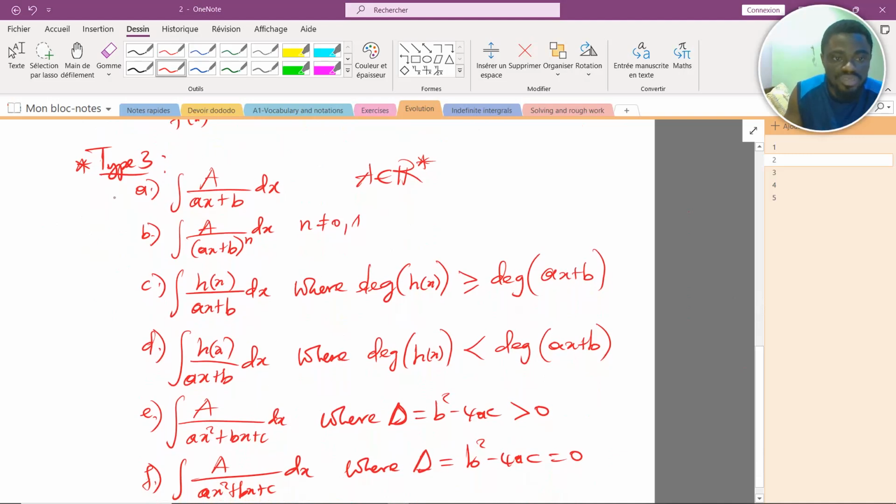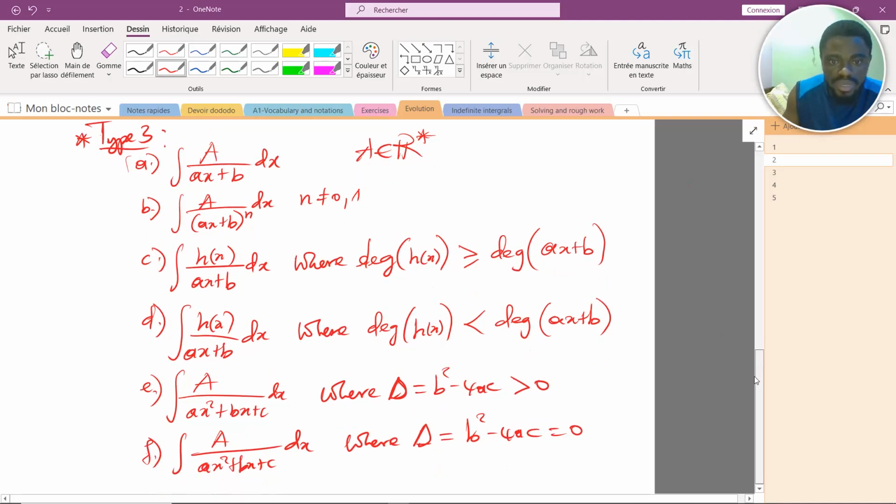In this type 3, I'll always do 2 in each video. So I will start with these 2. I will tell you how to integrate this, and in the next video we shall see how we shall practice that in exercises. Then we shall proceed to these 2 other ones.